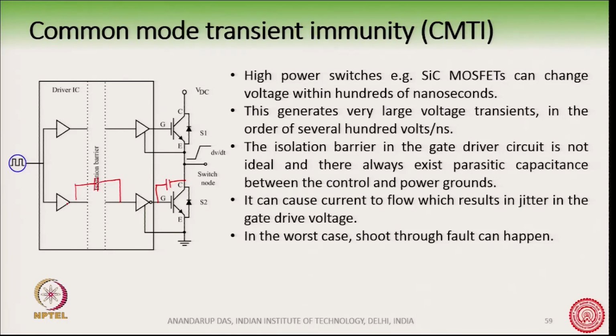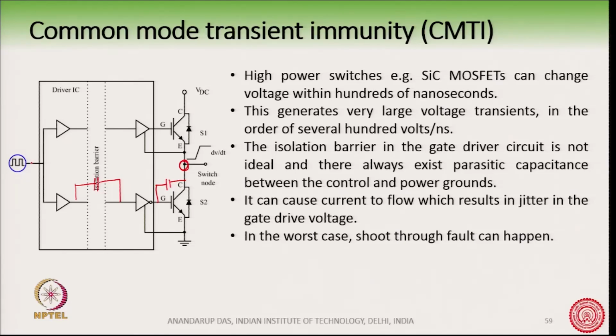So, what happens is that when there is a high dV/dt at this point, the circuit gets a path through these parasitic capacitors to flow towards the control side. Because of this there will be noise and jitter on the control side, on the gate drive voltage.